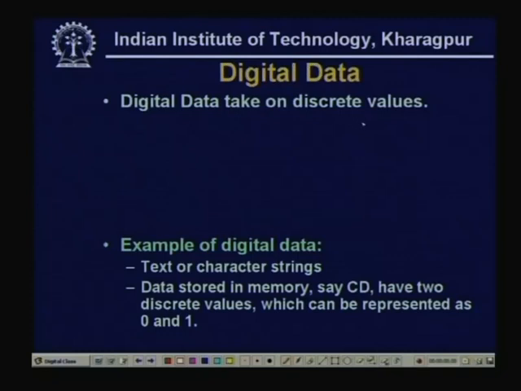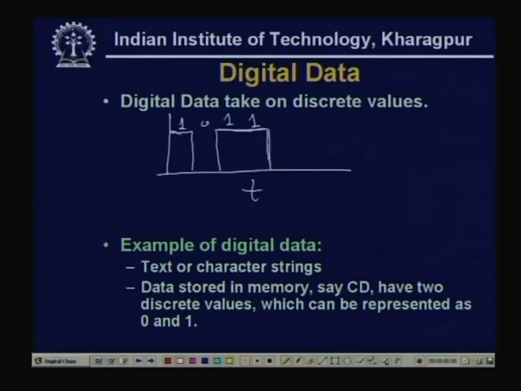Suppose here is, again in terms of time we are representing, it can have say 1, 0, 1, 1. So, these are the discrete values.